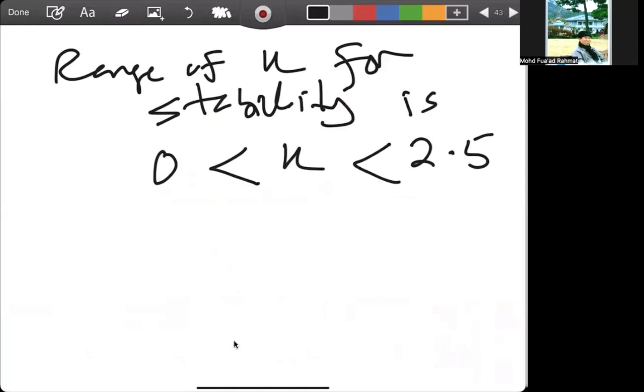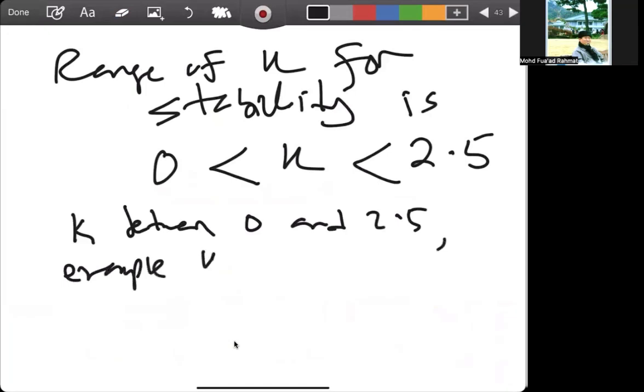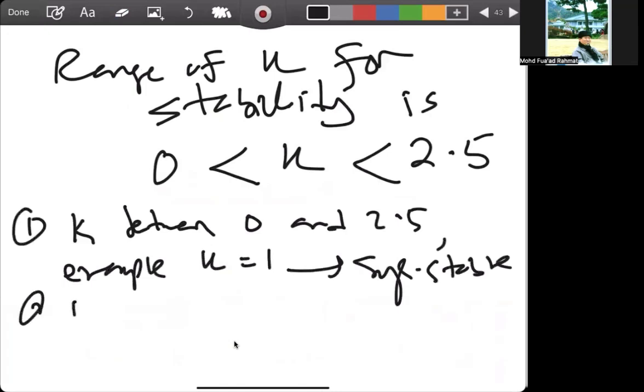So in the class, I already told you if k is between 0 and 2.5, for example k equal to 1, the system is stable.